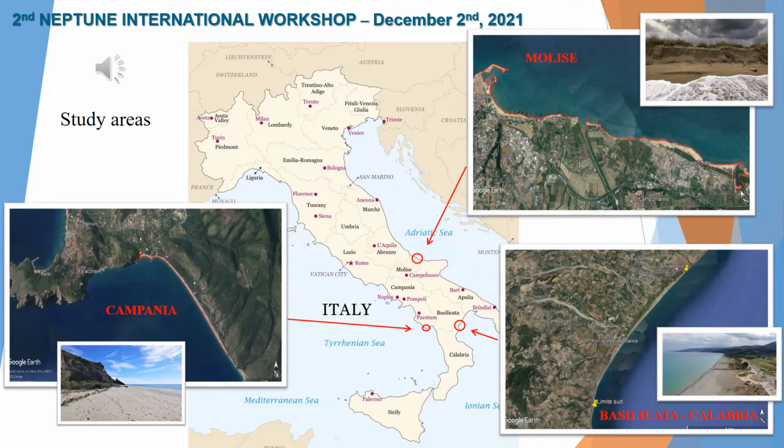Precisely, the Molise coastal stretch extends between the port of Termoli and the port of Campomarino, the Basilicata stretch between Nova Siri Scalo and Rocca Imperiale Marina, and the Campanian coastal stretch includes the mouth of the Mingardo River and extends southward of it.